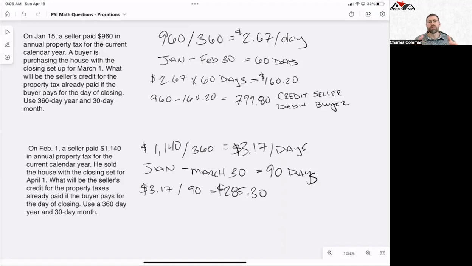$285.30. This is the amount that the seller owes for the time that they owned the property and lived in the property. Because again, they are selling it and the buyer owns the day of closing. So they owned this property for 90 days in this current calendar year. So again, they prepaid all $1,140.